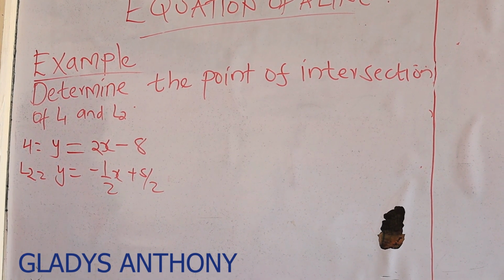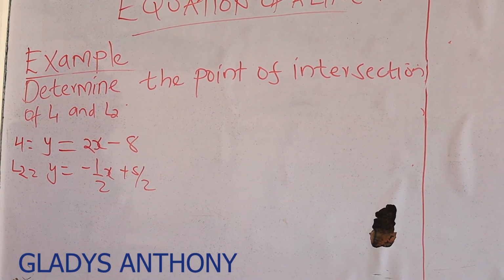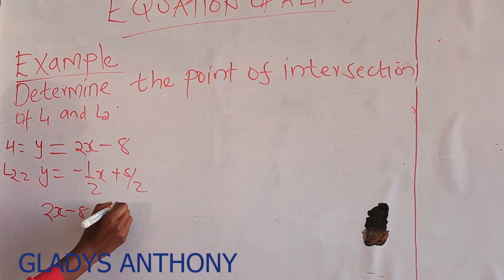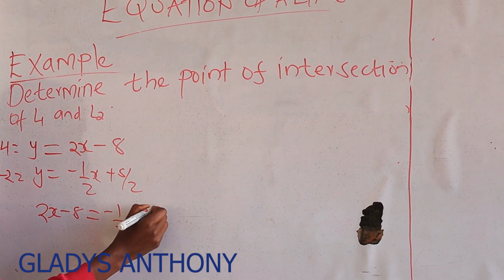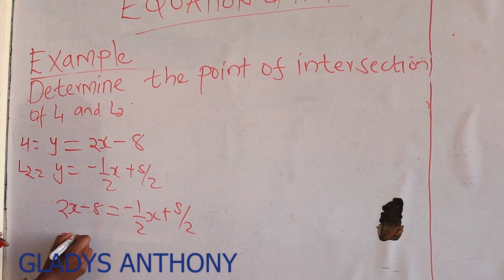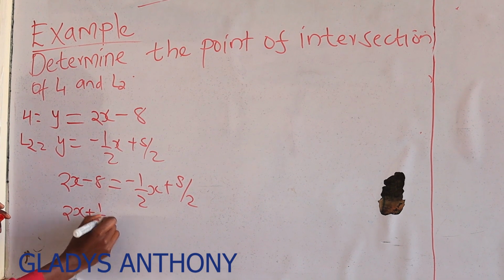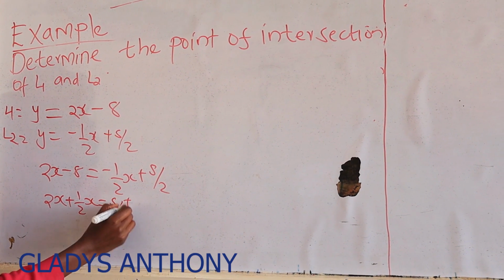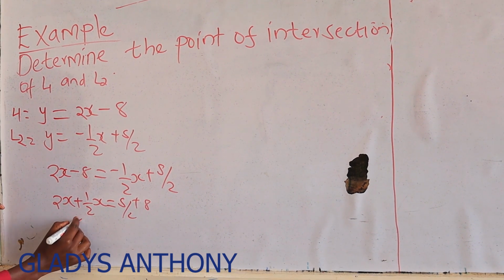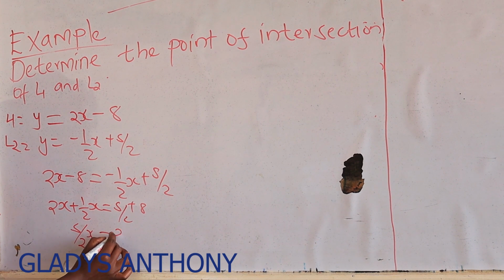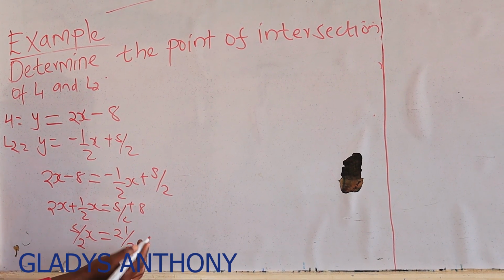In such a case, you equate both equations. When you equate, you bring the like terms together. We have 2x plus 1/2 x, and then 11/2 plus 4. So this gives us 5/2 x, which is equal to 19/2.